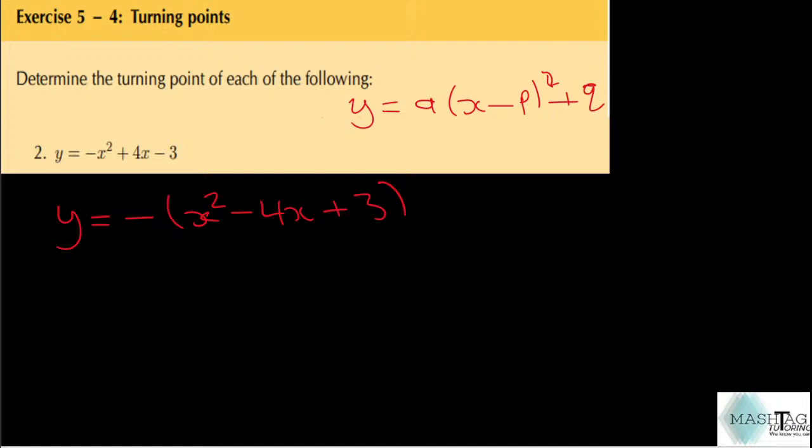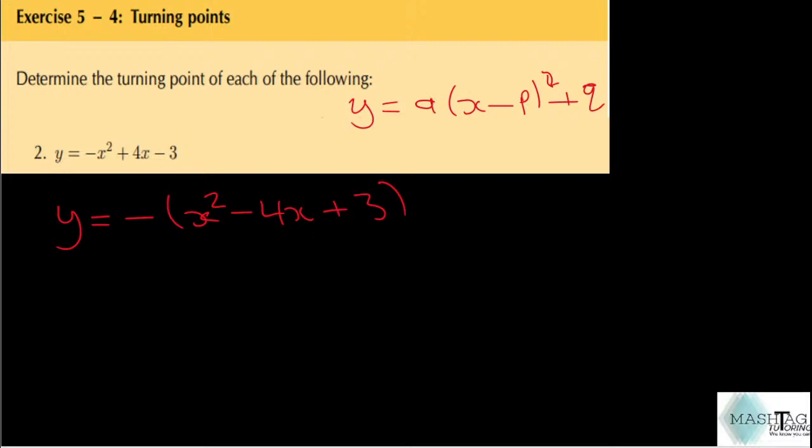Okay, x squared minus 4x. So if you're taking the negative out, yes, you have a minus 4x and a plus 3.